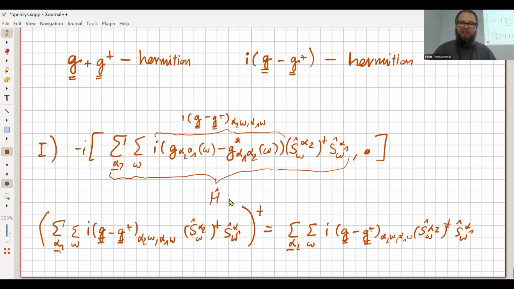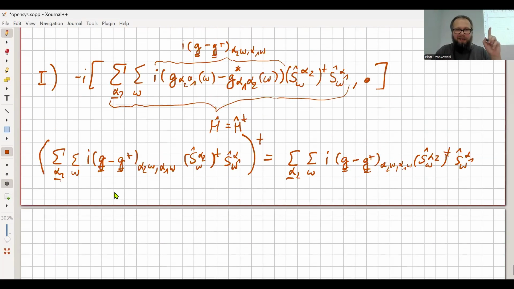So it's Hermitian. This H here, I lost my cursor, it's actually H dagger. It's actually Hermitian. So that's one.